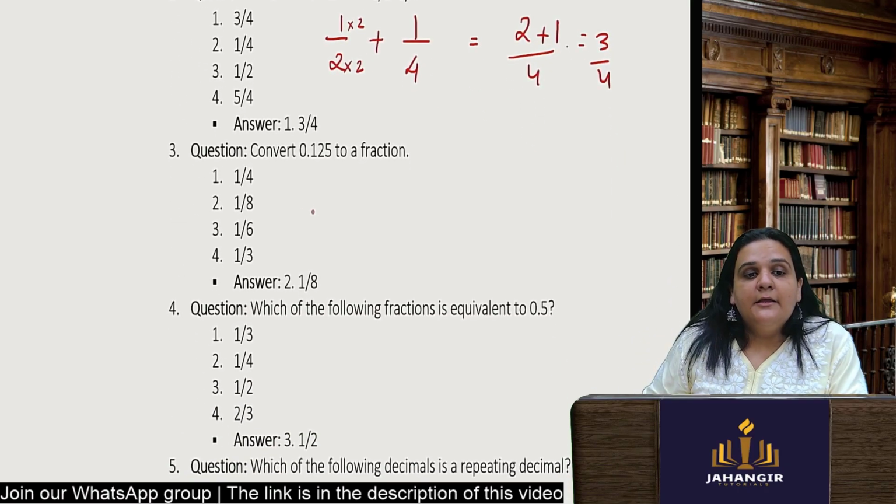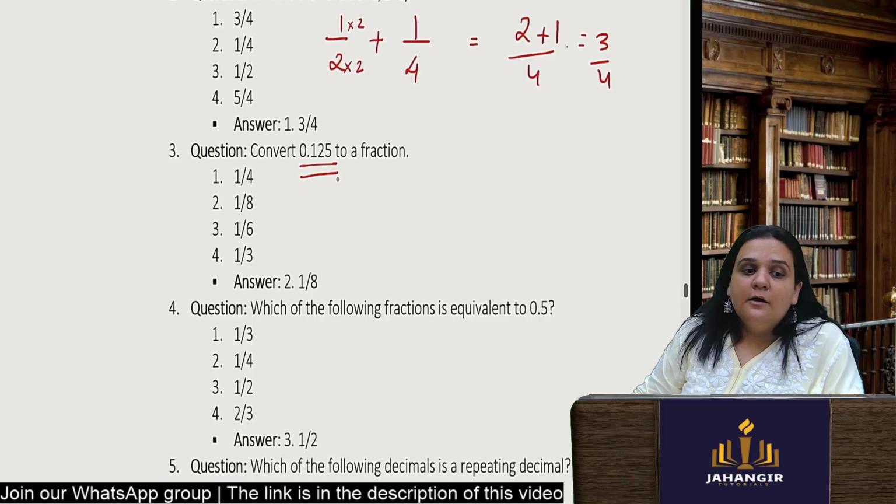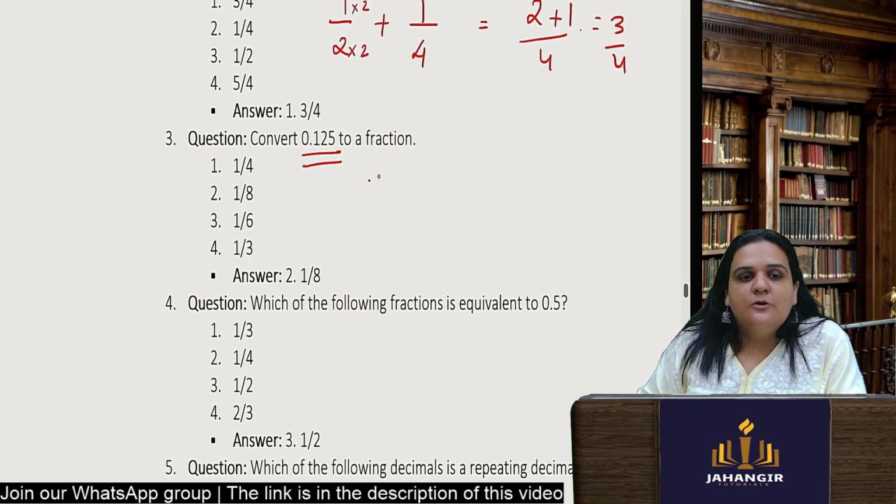Now converting 0.125 into a fraction. How will I do that? If I want to convert 0.125 into a fraction, I want to remove this decimal, so I divide by 100.